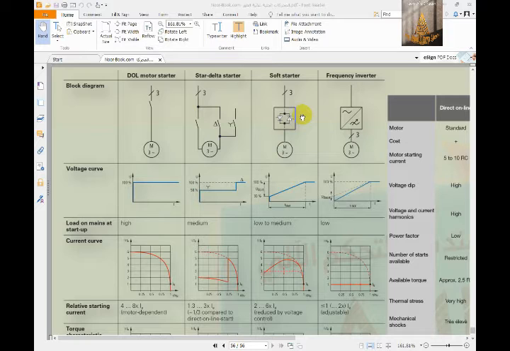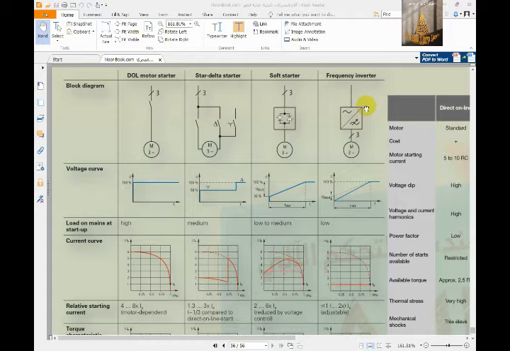Today we will find what is the difference between a soft starter, a frequency inverter, a direct online motor starter and a star delta starter. Okay. And the frequency inverter converts the signal and controls it by frequency.